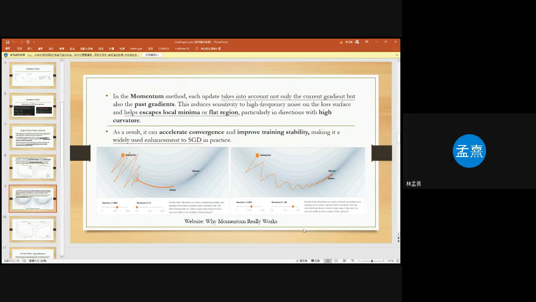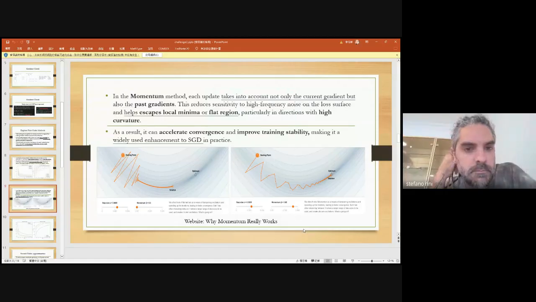They have the same learning rate, but the left one has 0 momentum and the right one has 0.8 momentum. As we can see, momentum makes the steps smoother. With no momentum, your steps are very unstable. So momentum really stabilizes your steps and helps you converge. Yes. Next slide.